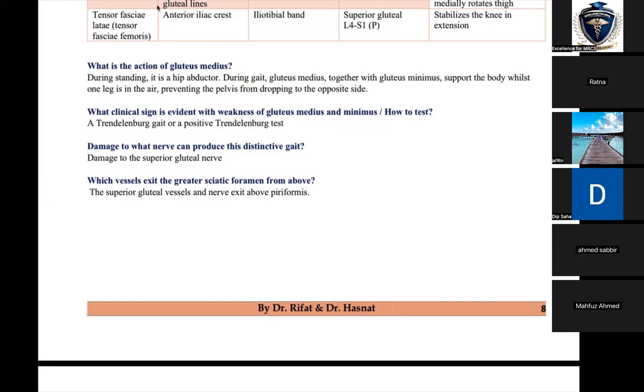No. So the sagging down will be on the opposite side. Am I clear to you? That means the intact side. That means the sagging down is on the intact side.